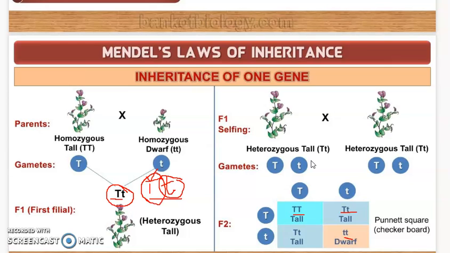Now, alleles can be similar, as in the case of homozygotes, that is capital T capital T or small t small t, or they can be dissimilar, as in the case of a heterozygote, that is capital T, small t. Since the capital T, small t plant is heterozygous for the gene controlling one character, that is height, it is a monohybrid, and the cross between capital T and small t is called a monohybrid cross.